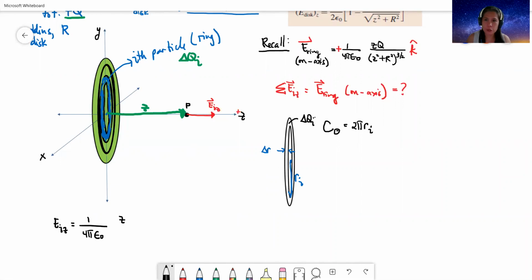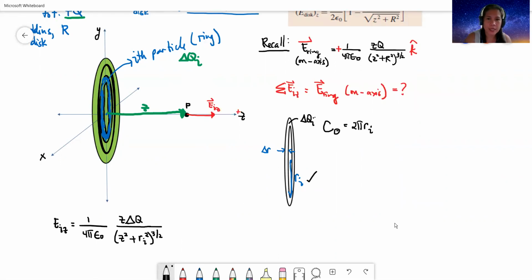So we will substitute capital Q here with delta Qi because this is a single ring. And then we still have Z squared, but the R of the ring is R sub i. That's the crucial part of the substitution. Otherwise, if we make a mistake in the substitution here, we will never arrive at the correct answer.